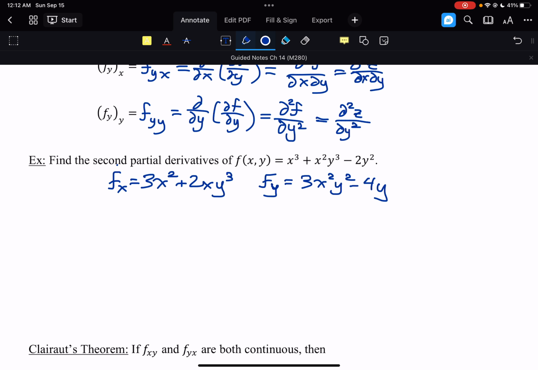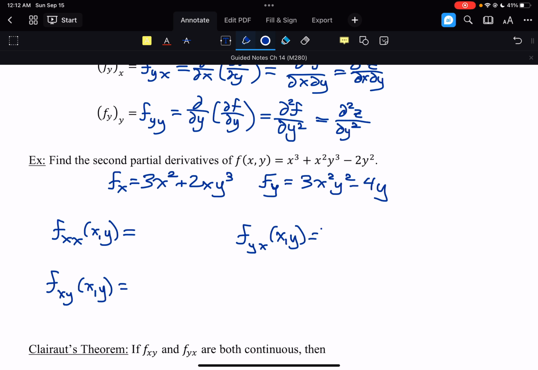So for the second partial derivatives, there's going to be 4 of them. So it's going to be fxx of x and y, fxy of x and y, fyx of x and y, and fyy of x and y.